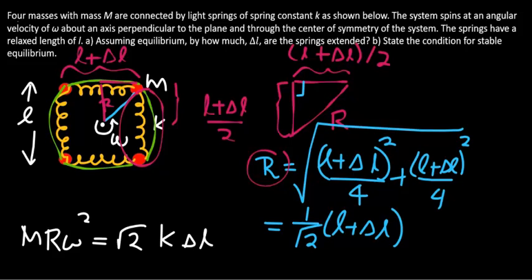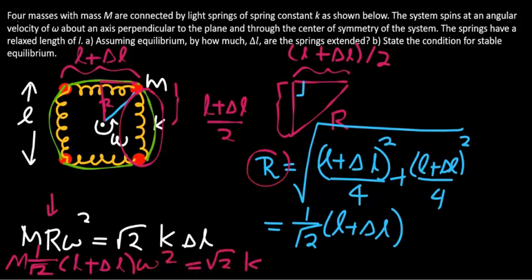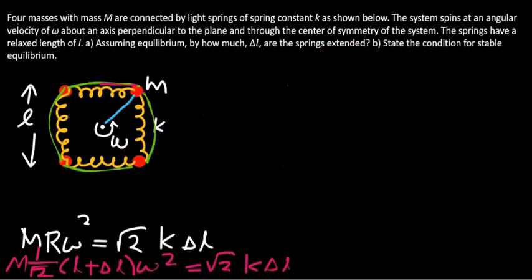So now let's substitute this expression in here, and you're going to get m times 1 over square root 2 times (L plus delta L) times omega squared equals square root 2 k delta L. We are interested in delta L. So let's try to solve for delta L in terms of the rest.